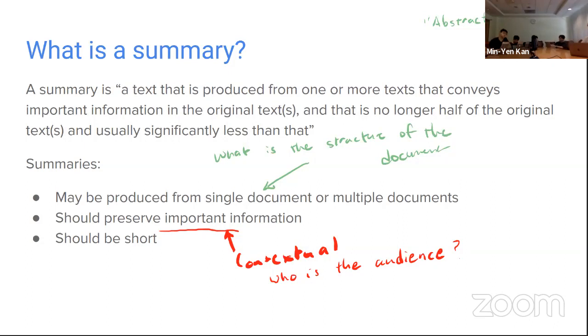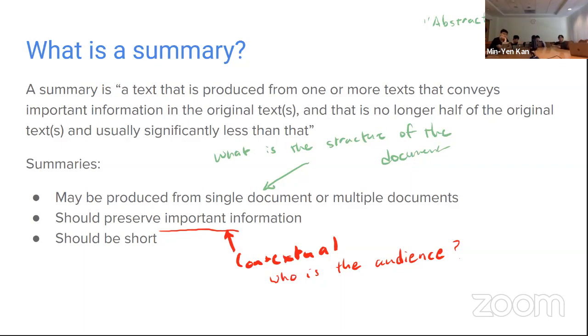You said, Yigit also said, it should preserve important information, and he made the distinction. I think that's the key part, right? So what is counted as important? If I give you a longer summary, somehow I should be able to put more information in there, right?